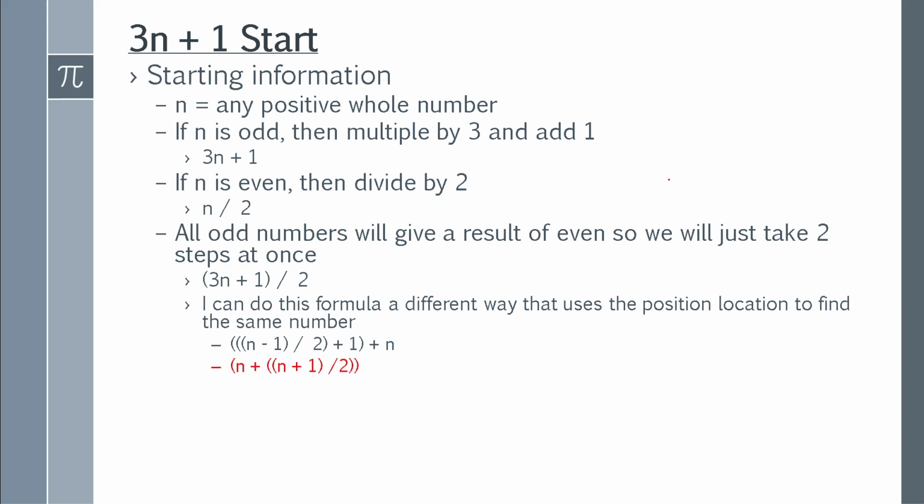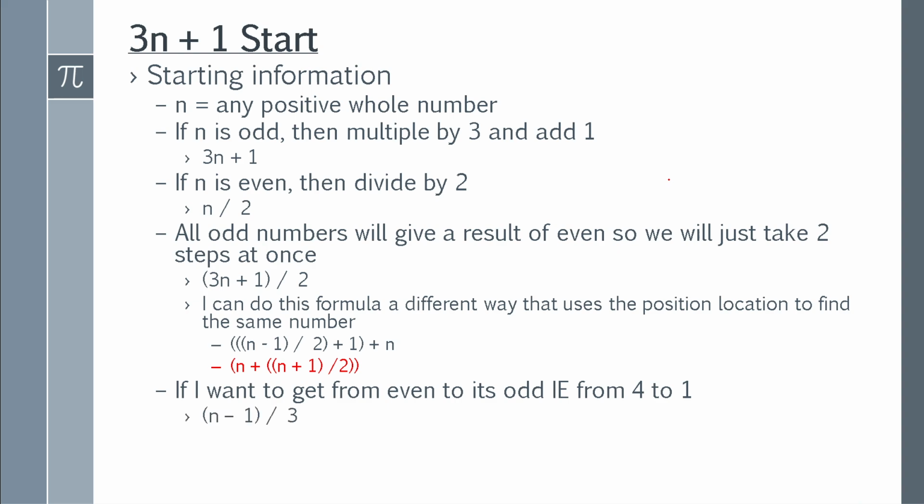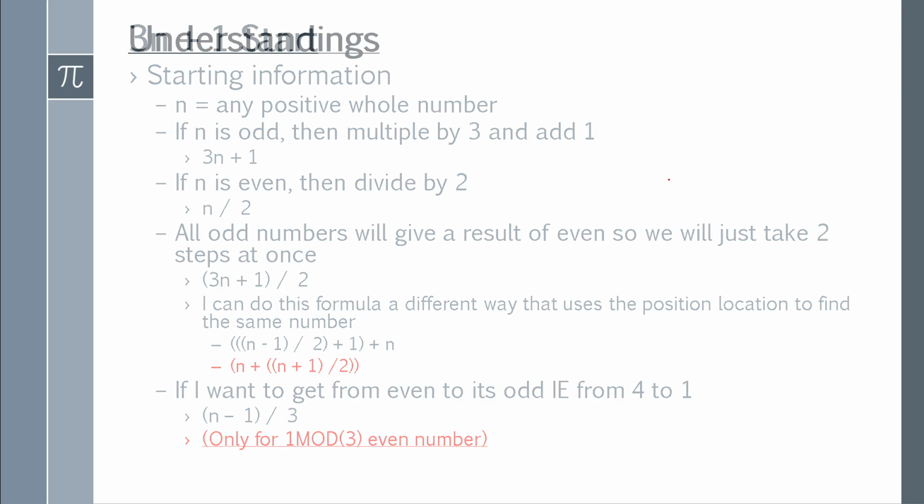And then there's this one, n plus 1 divided by 2, which means we're going to take half of the number and add it to itself. And then if we want to go in the reverse direction, we would do n minus 1 divided by 3. And we can do this on all 1 mod 3 even numbers.